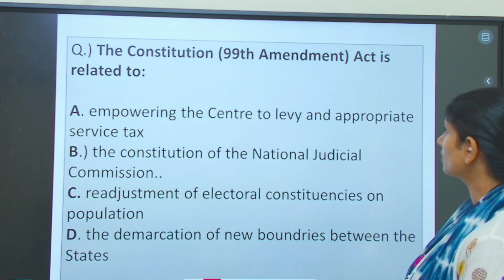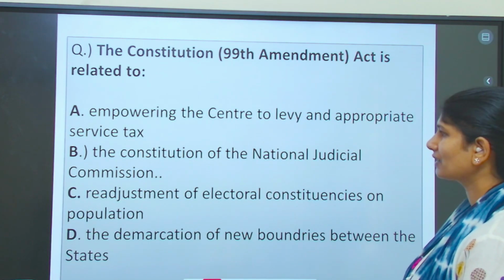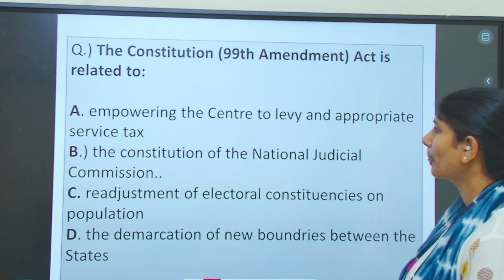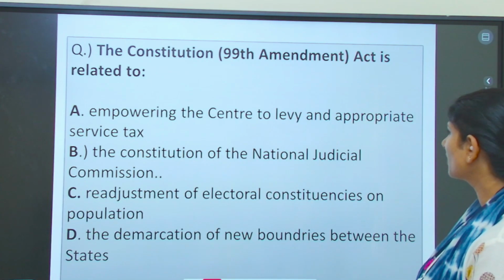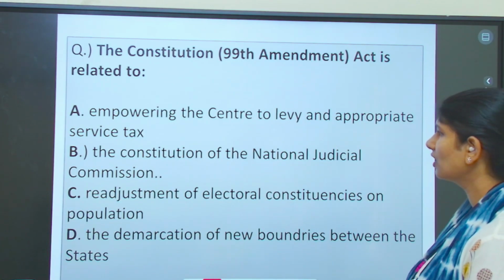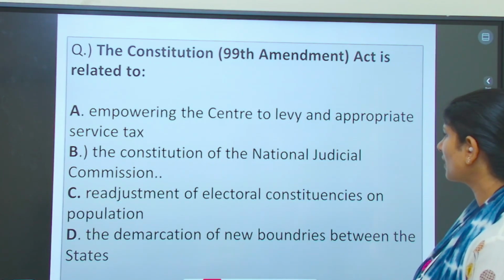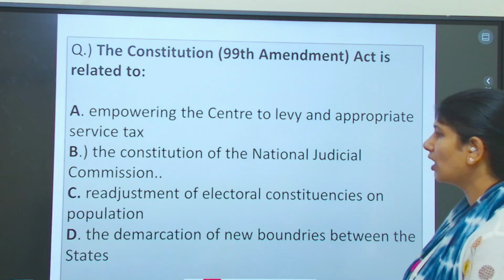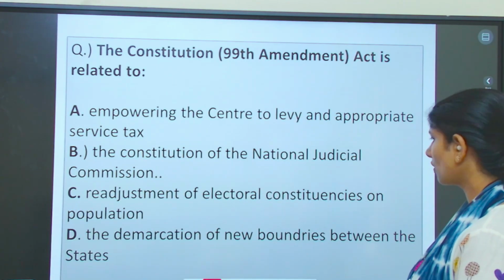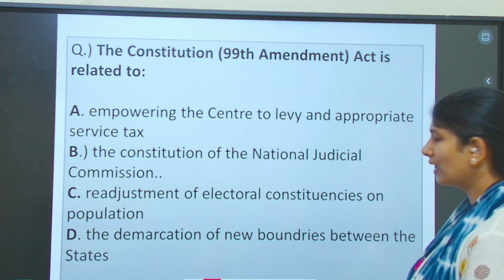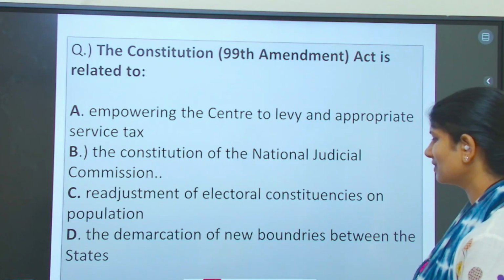Okay, next, look at this. The Constitution 99th Amendment Act is related to: empowering the center to levy and appropriate service tax, constitution of the National Judicial Commission, readjustment of electoral constituencies on population, or demarcation of new boundaries between states.